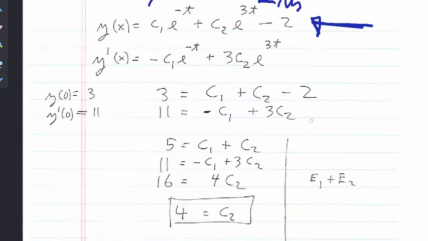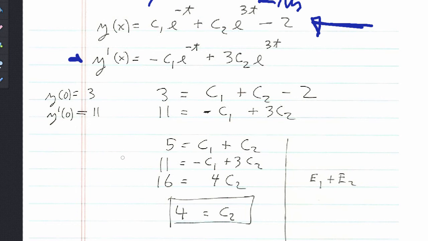Now, what you see following here is the solution of the initial value problem. I differentiate the function y here, and then I evaluate using the initial conditions. I see that 3 has to be c1 plus c2 minus 2, and 11 has to be minus c1 plus 3c2.